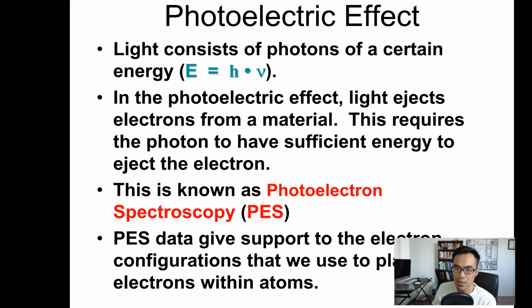And we measure that using photoelectron spectroscopy, or PES, where we're able to determine which orbital the electron is in, and it tells us the electron configuration within those atoms. So if you ever wondered where those electron configurations come from, it's because we're able to use experimental data to determine the location of those electrons.